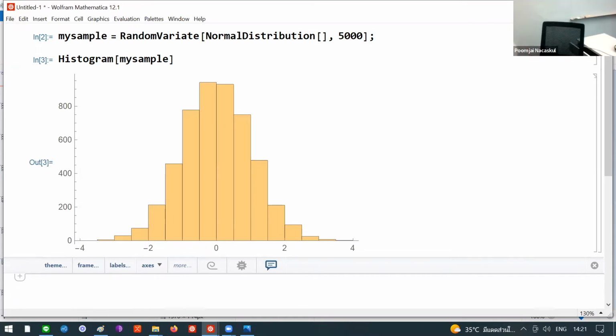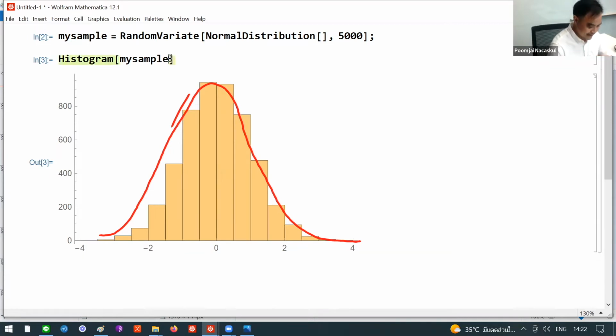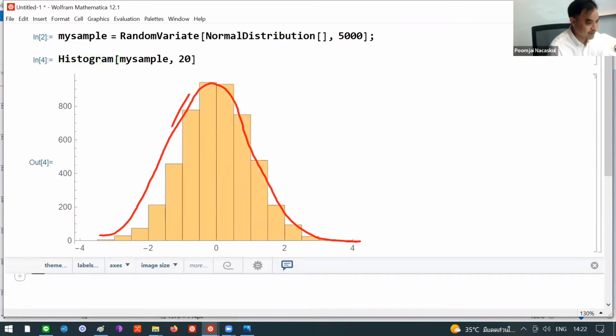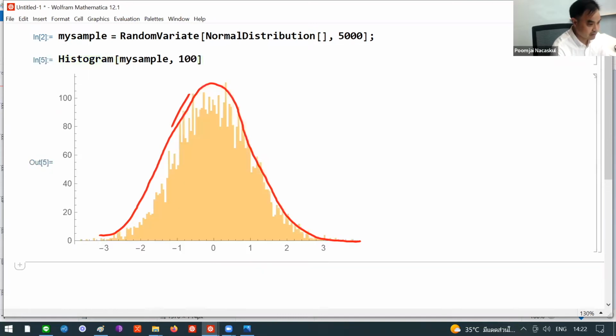I want to emphasize, this looks just like the picture I was drawing earlier, right? In a way, if I smooth out this line, okay? And in fact, histogram has another parameter, like the number of bins or something like that. So if I make it, you know, more detailed, maybe.